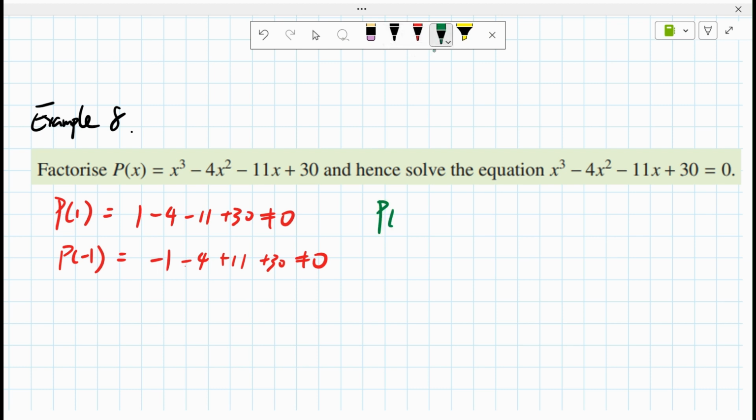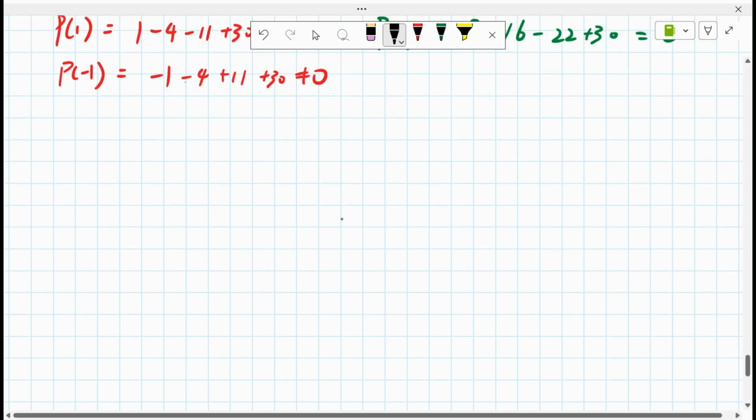Maybe let's try P(2): 8 minus 16 minus 22 plus 30, that equals 0. Perfect, lucky me. That means x minus 2 is a factor.